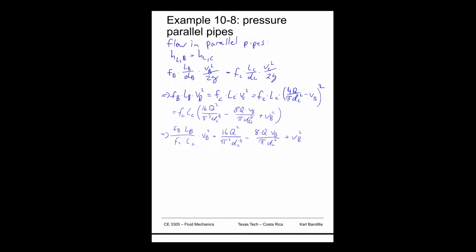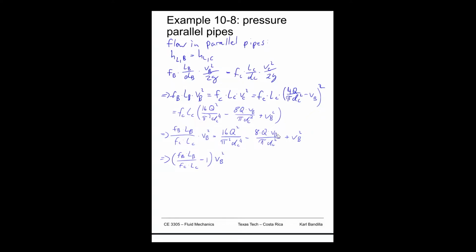Excellent. So now if we want to gather some terms together and bring them all on the same side, then we get something that looks like FB times LB divided by FC times LC. Now if we bring that other one over here, then that would be minus 1 times VB squared.